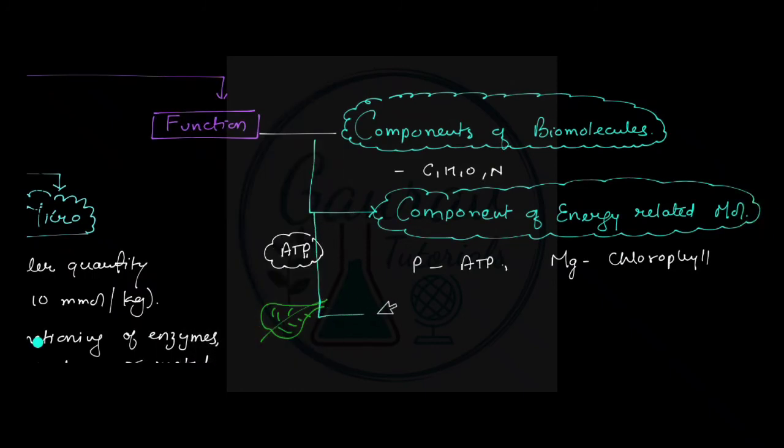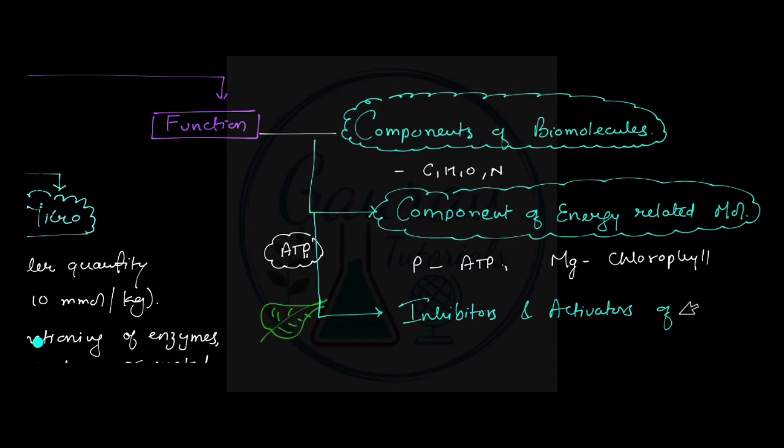The third category would include the elements which could activate or inhibit enzymes. So I can write inhibitors and activators of enzyme. Now we do know that this is an enzyme.